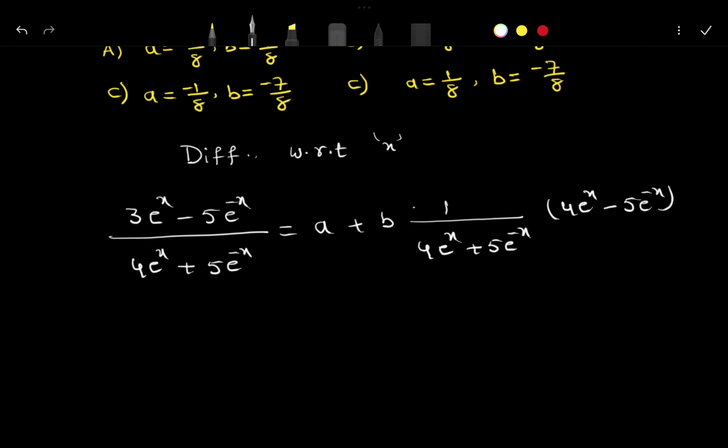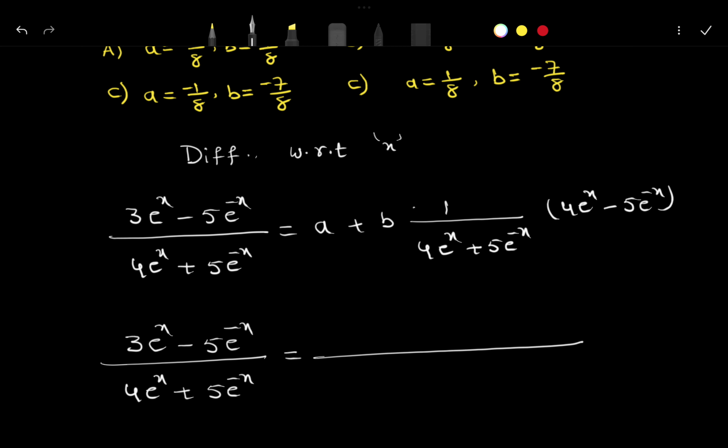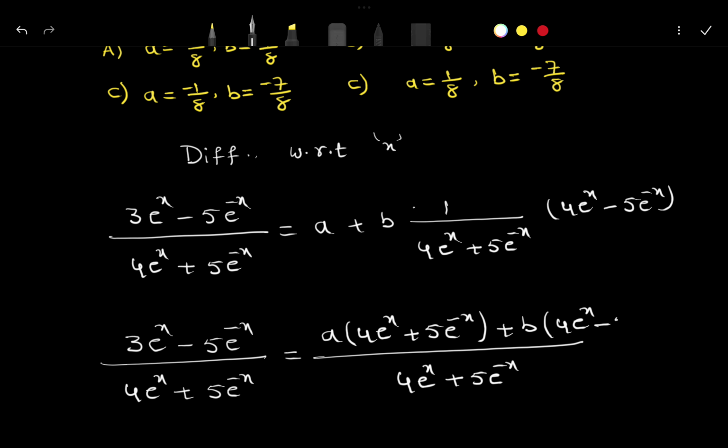So what is the left hand side? (3e^x − 5e^(−x)) / (4e^x + 5e^(−x)) equals, after taking the LCM of (4e^x + 5e^(−x)), the numerator a into (4e^x + 5e^(−x)) plus b into (4e^x − 5e^(−x)). So the LCM will be cancelled on both sides.